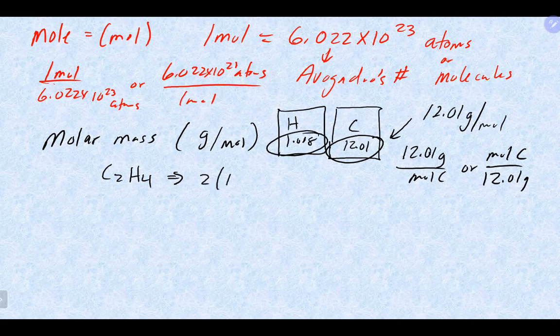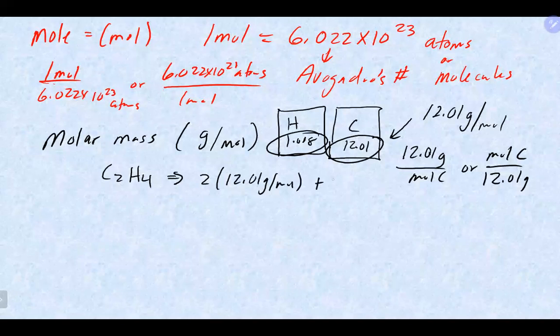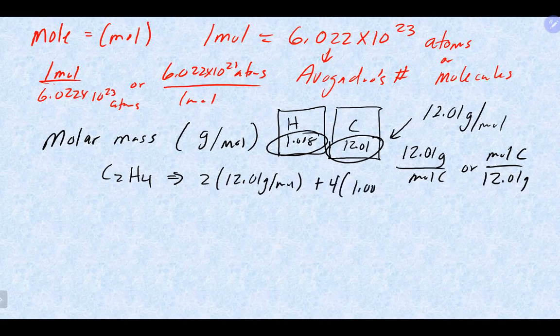So there are 2 carbons, each at 12.01 grams per mole. There are 4 hydrogens, each at 1.008 grams per mole. And if we do all that for this example, we end up with 28.05 grams per mole as the molar mass of this molecule.